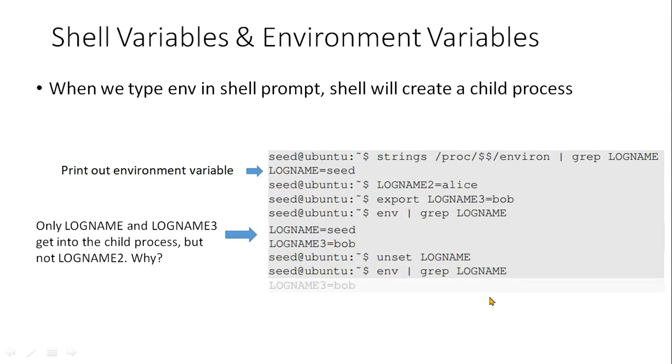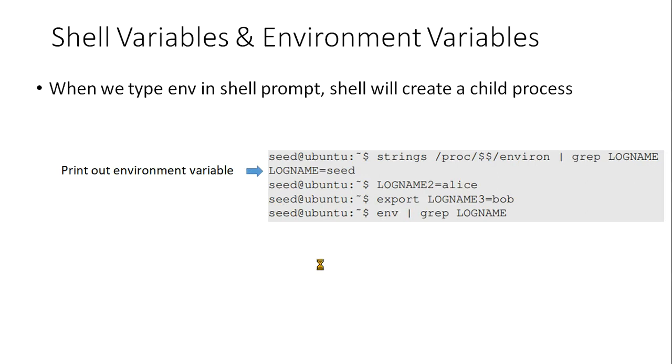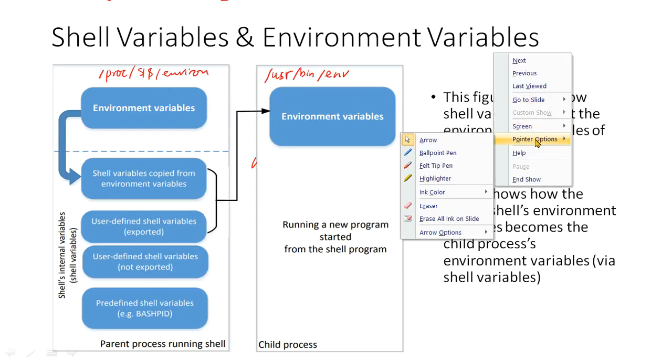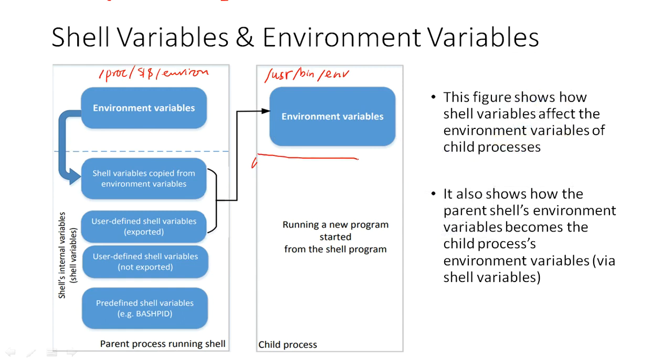Only Bob. We only see Bob because this is the shell variable. It's copied from here. Look at this. When we run, we actually have a copy of the shell variables. Here we have a set of shell variables, copied from the parents, copied from the environment variables.